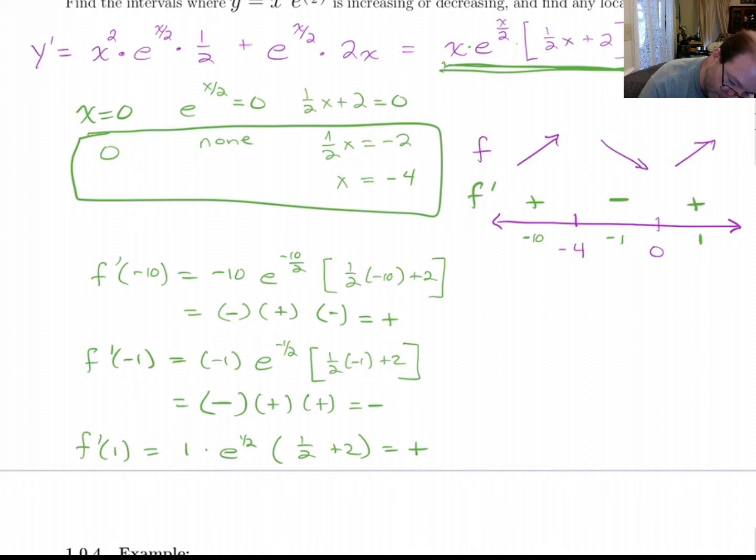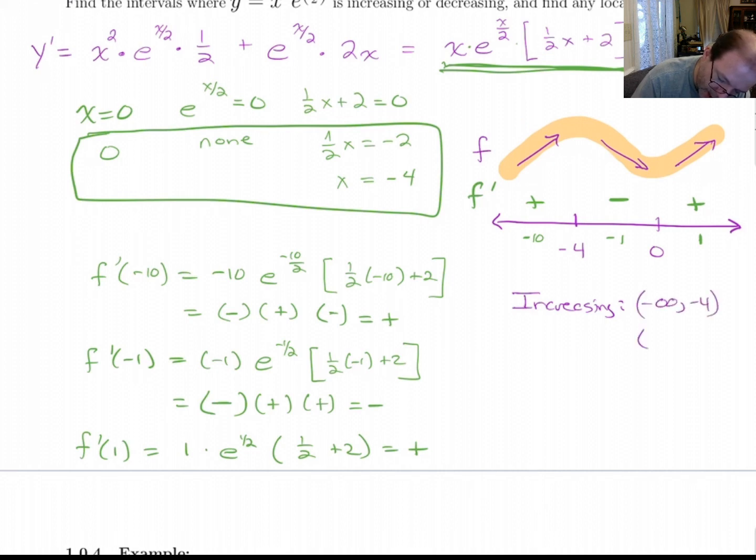And so for my intervals of increase, it's increasing on -infinity to -4 and on 0 to infinity.